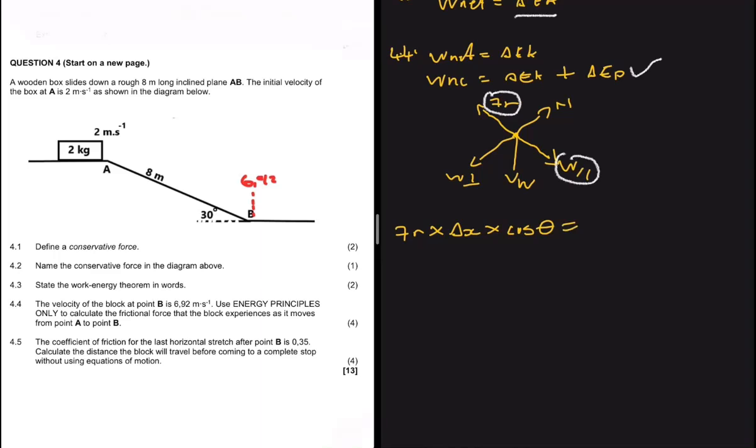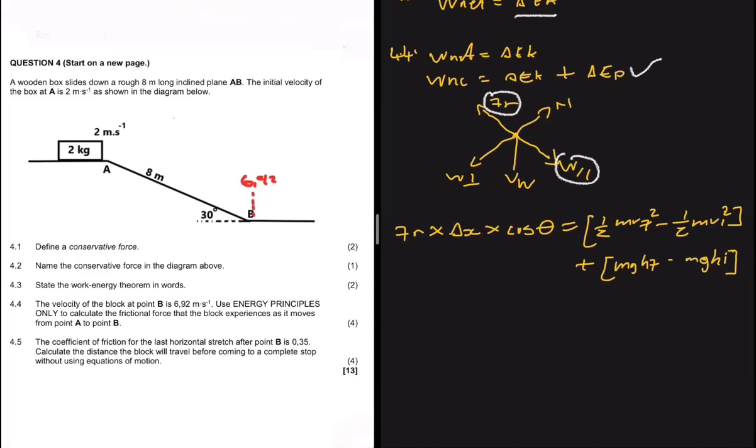So that is supposed to be equal to the change in EK plus the change in EP, right? So if we go ahead and compute that, we're going to get a half m vf squared minus a half m vi squared, and then plus mgh final minus mgh initial, right?